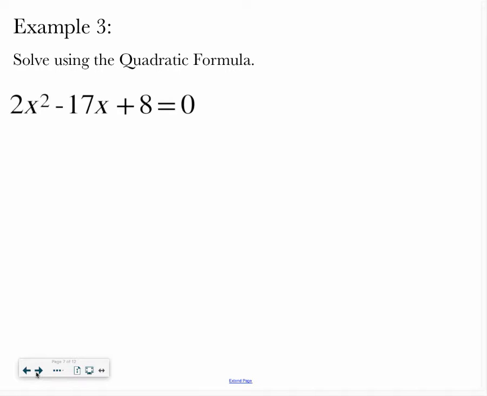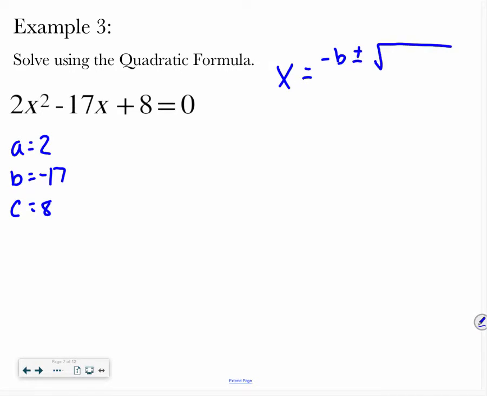All right, our third example, we're still just practicing using the quadratic formula. So we have 2x squared minus 17x plus 8 equals 0. So my a term is 2. My b term is negative 17. My c term is 8. Again, my quadratic formula is negative b plus or minus the square root of b squared minus 4ac all over 2a.